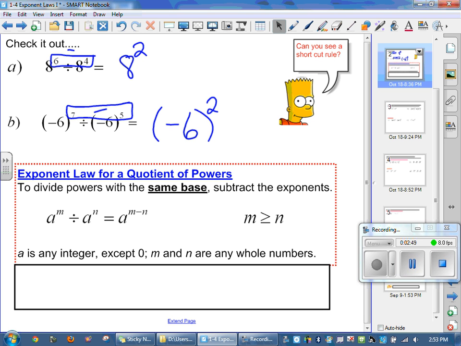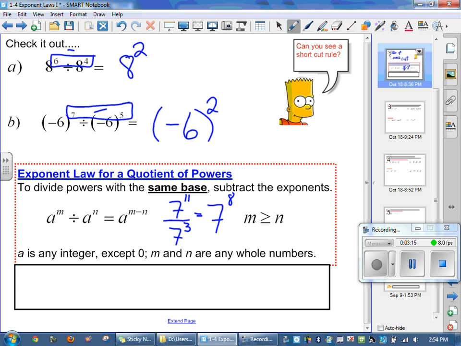Quotient of powers. Quotient means you're dividing. Now you might also see it written as a fraction because the fraction line means divide. So you might see, for example, 7 to the 11 divided by 7 exponent 3. While our base is a 7, now we subtract 11, subtract 3, we're going to get 8.